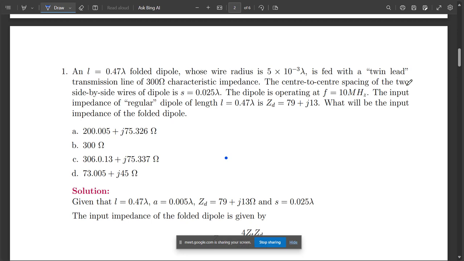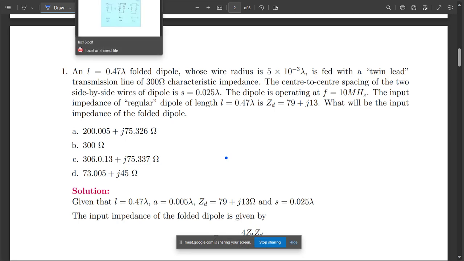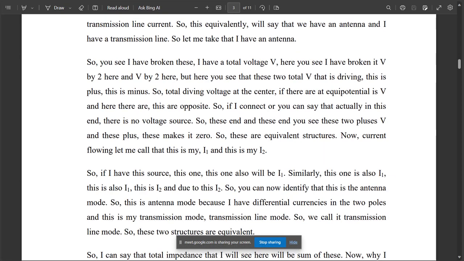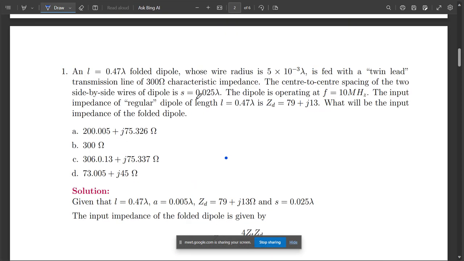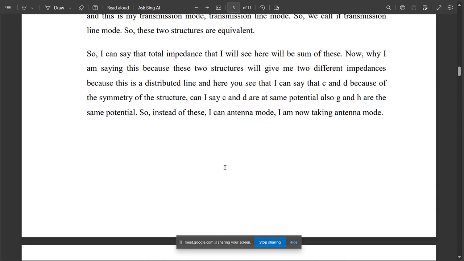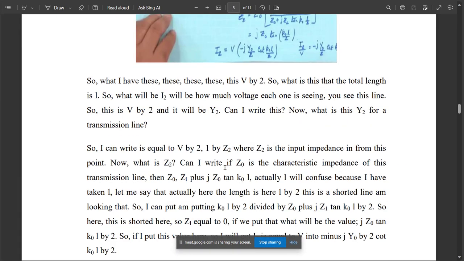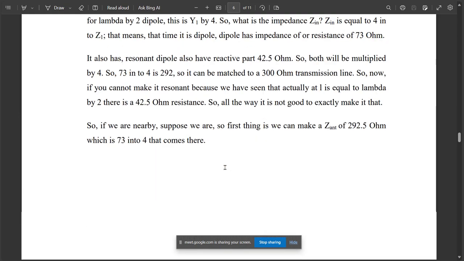The center to center spacing of two side by side wires of the dipole is S equal to 0.25 lambda.